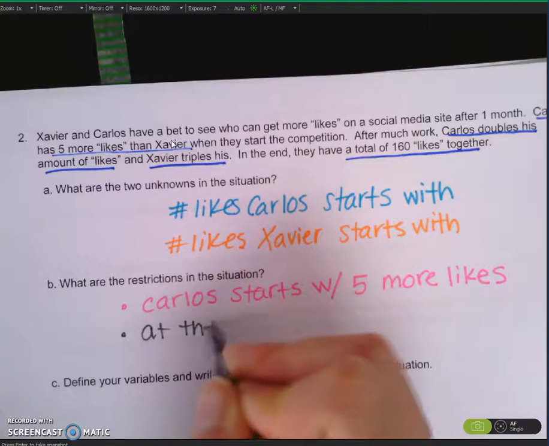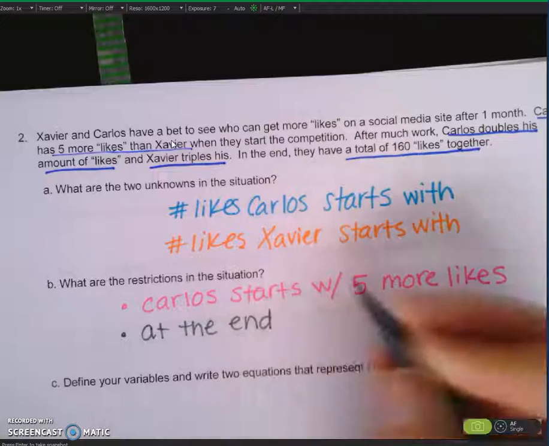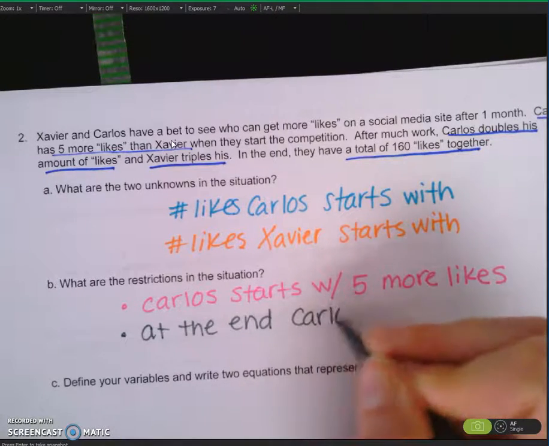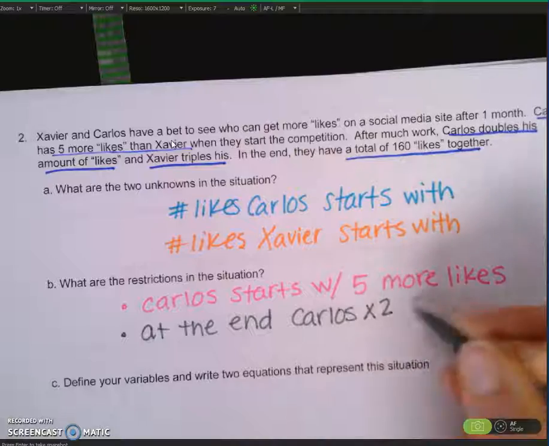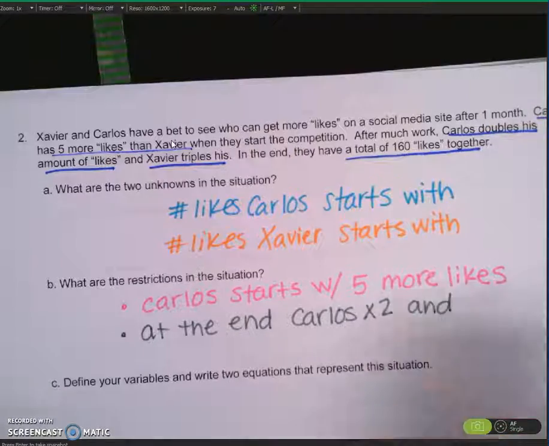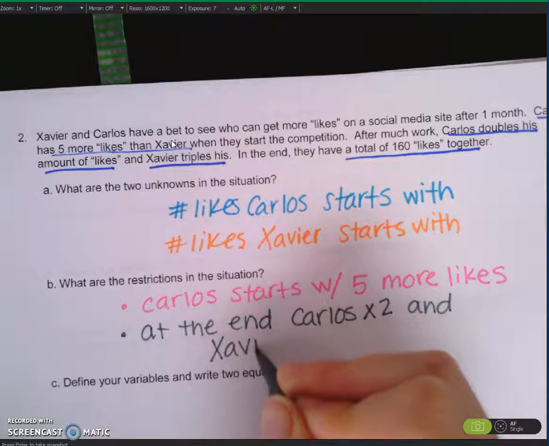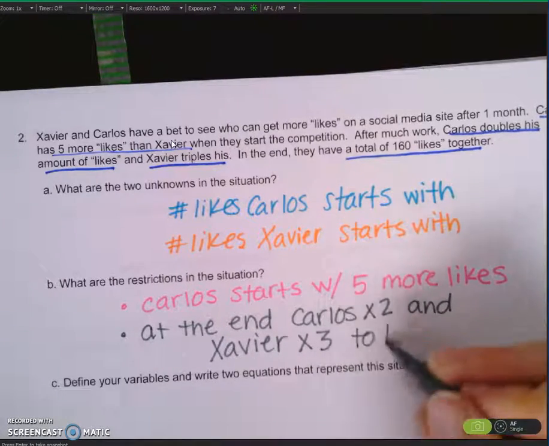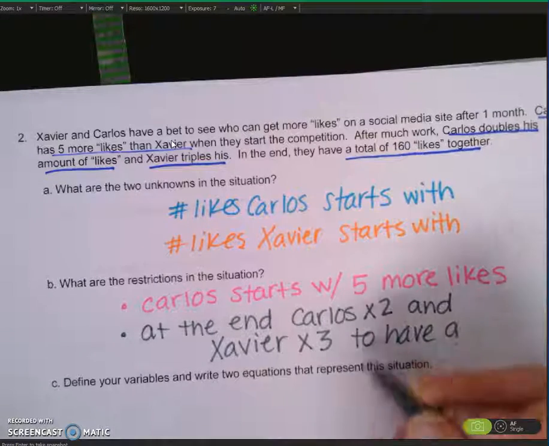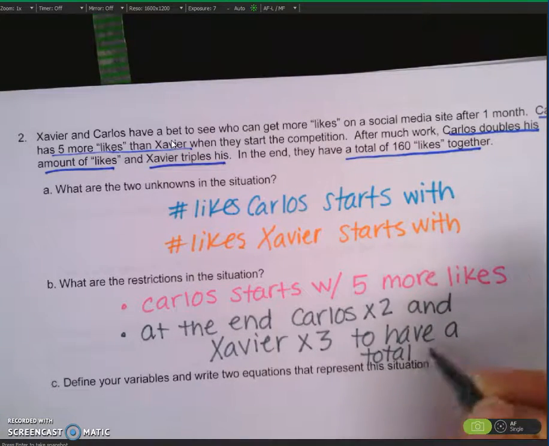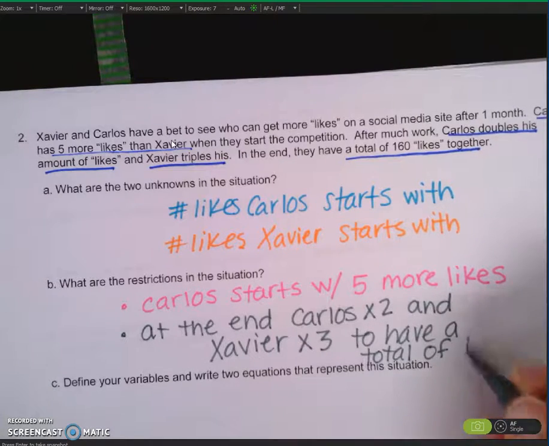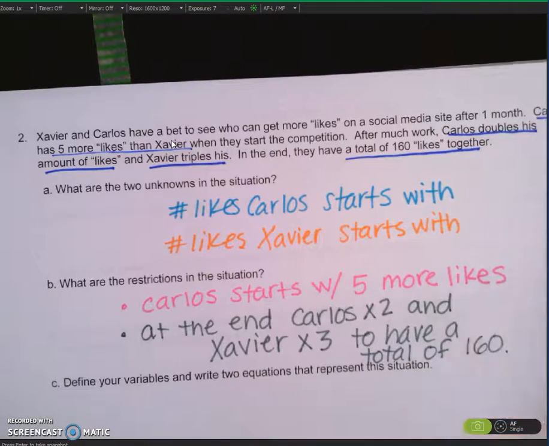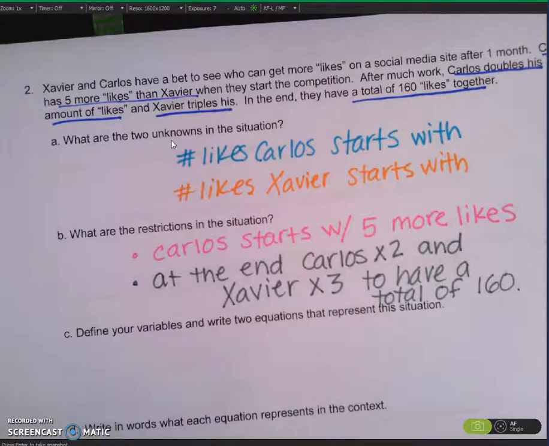At the end, Carlos doubles and Xavier triples to have a total of how many likes? 160 likes all together. Let's define our variables and write 2 equations that represent this situation.